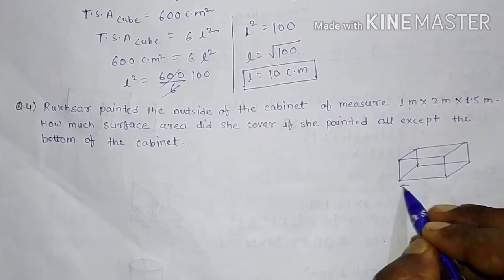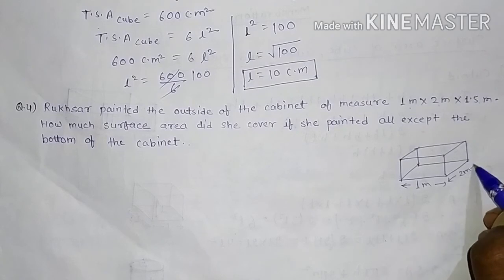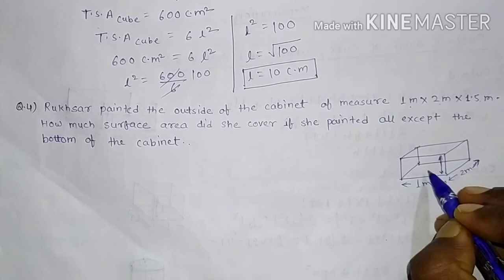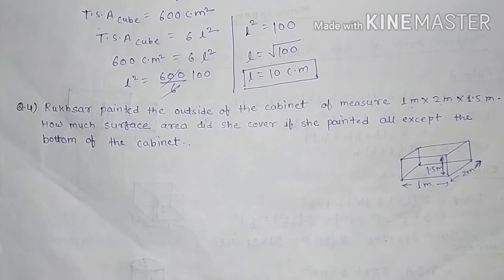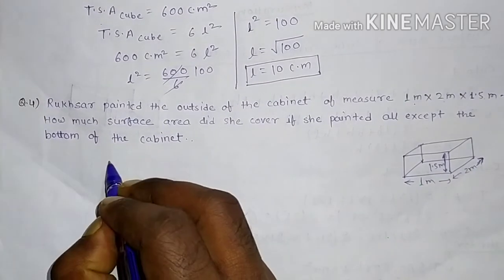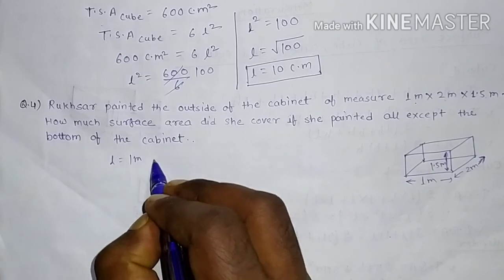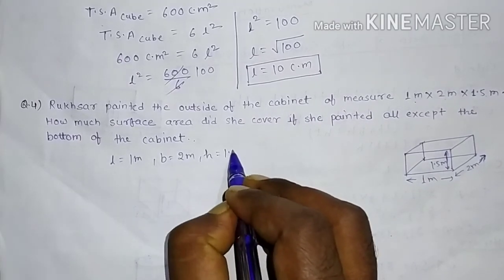So length is 1 meter, breadth is 2 meter, and height will be 1.5 meter. Just write L equals to 1 meter, B equals to 2 meter, and H equals to 1.5 meter.